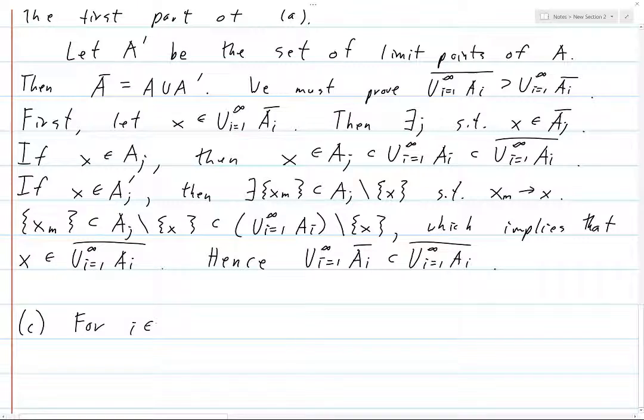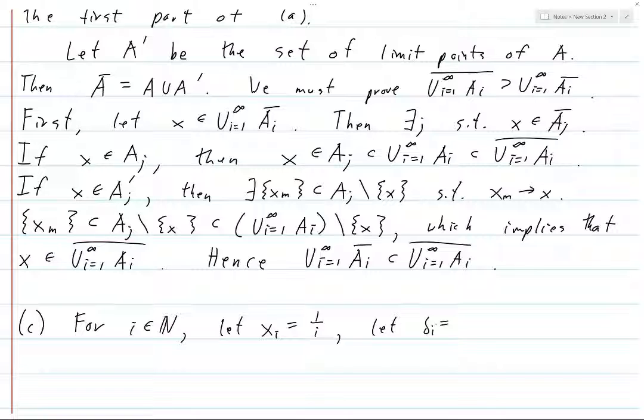So for I in the natural numbers, let xi be simply 1 over I. Let delta I be... What we want to do is take each xi and put it in a ball that will not contain any other xi's. And so the only way to guarantee that is to make the radius small enough.